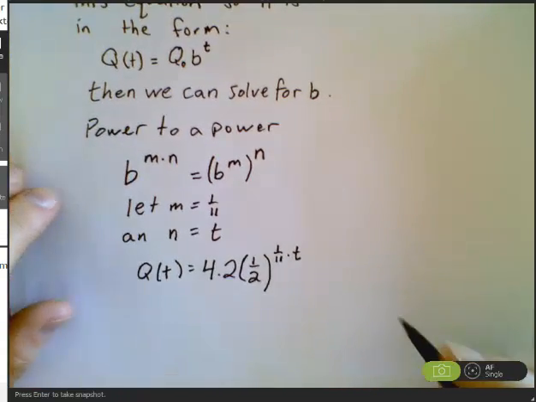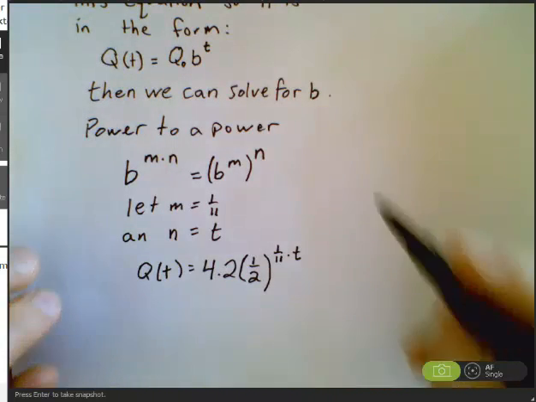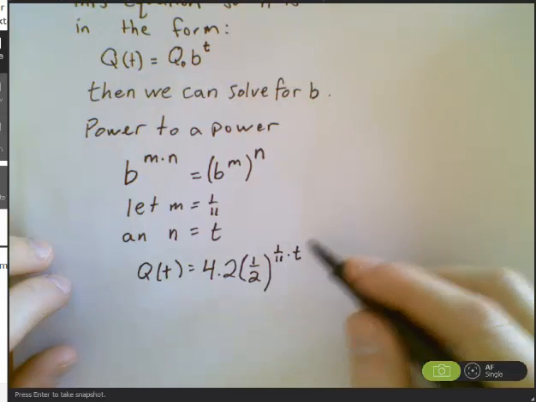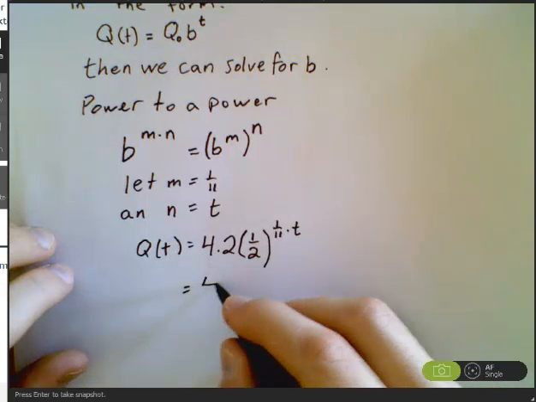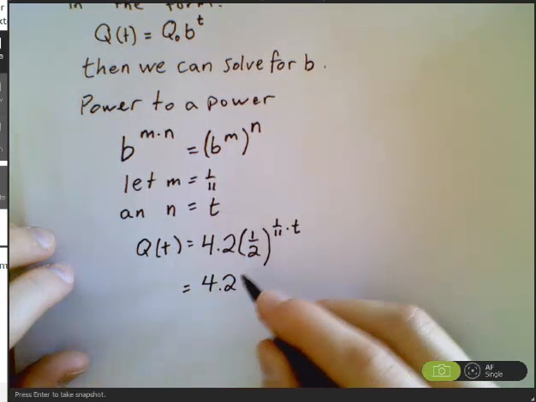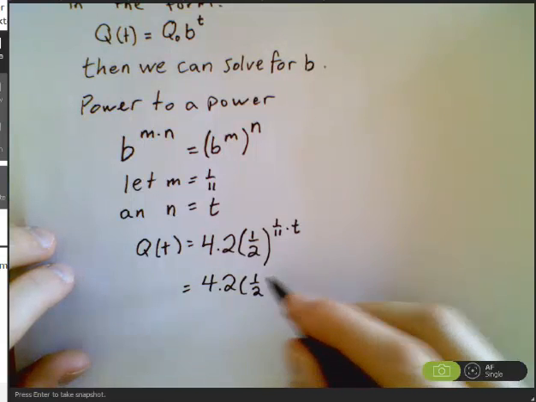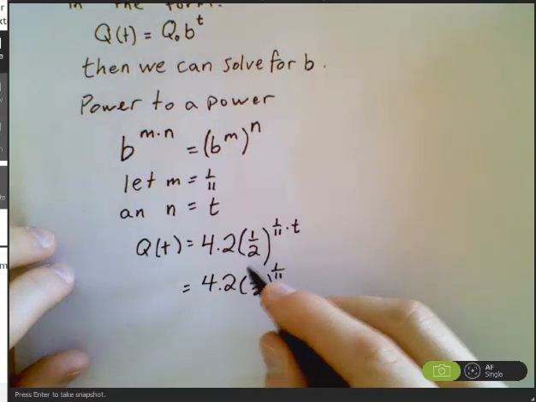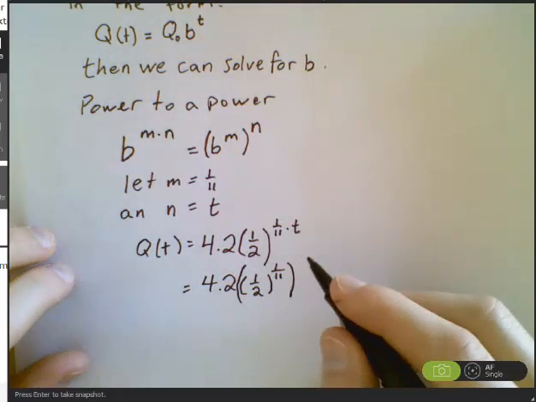Then we're going to use the power to a power property, and since 1 over 11 represents m and t represents n, I can rewrite this as 4.2 times 1 over 2 to the 1 over 11, and then make this whole thing 1/2 to the 1 over 11 and raise that to the power of t.